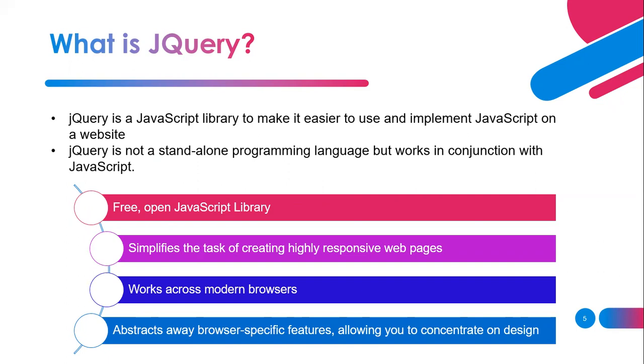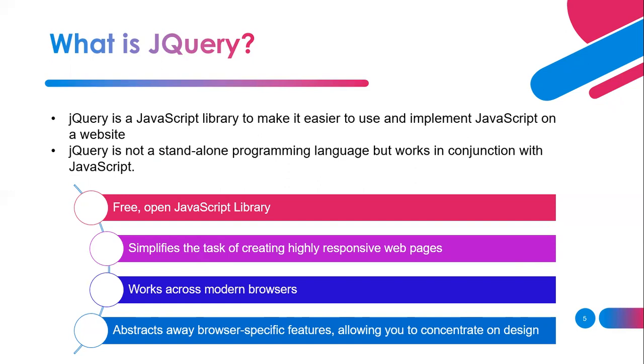When we want to use a JavaScript function, we don't need to call it with the full function, but we can use jQuery. So it will be easier if we use jQuery rather than the usual JavaScript.